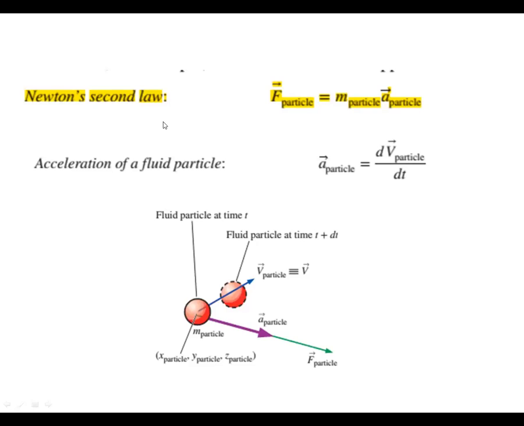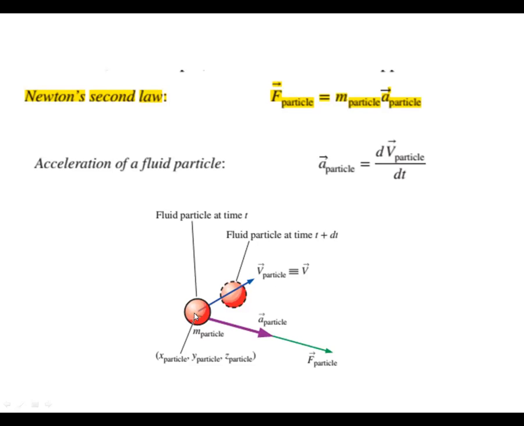Newton's second law states that force equals mass into acceleration. The force is a vector quantity. Here the mass is a scalar and the acceleration is obviously a vector quantity. Now the acceleration of a fluid particle is given by the rate of change of the velocity vector. The velocity field varies from one reference frame to a particular time frame.